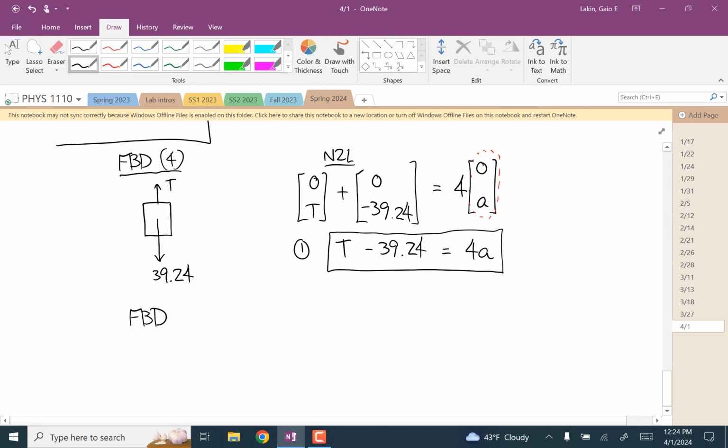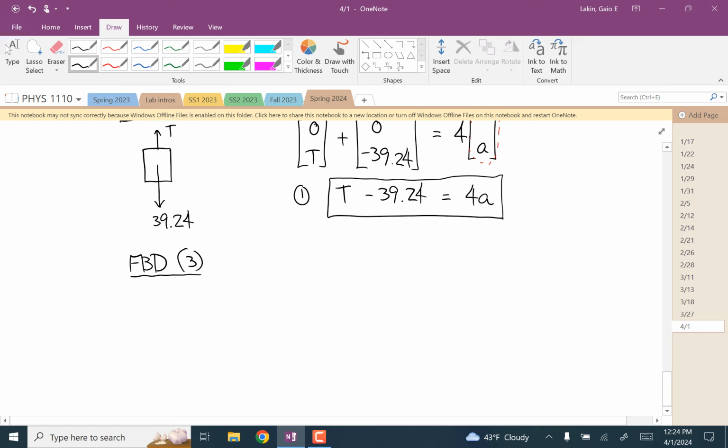Okay, so now a free body diagram of the 3 kilogram. The weight is 29.43.